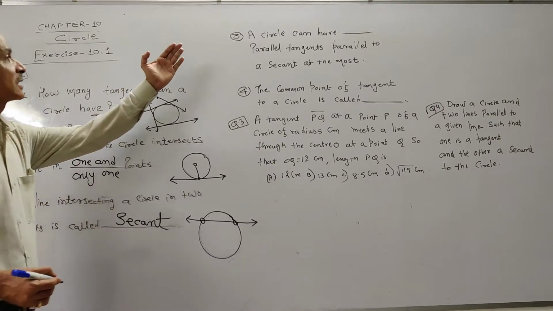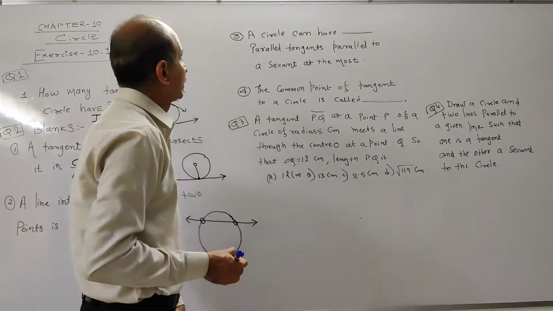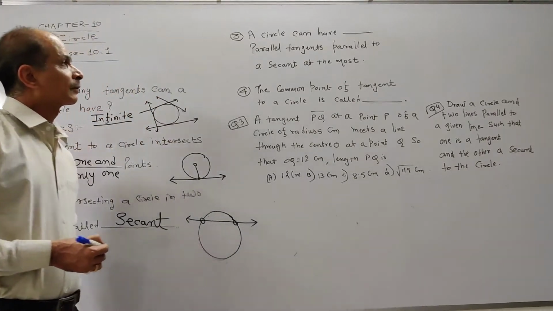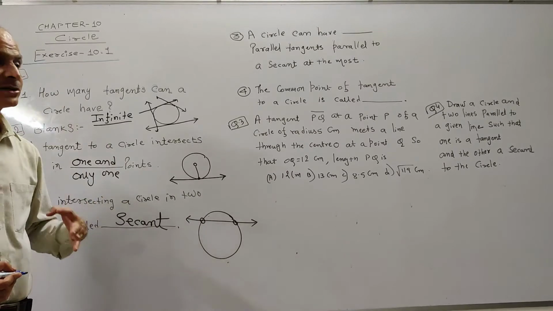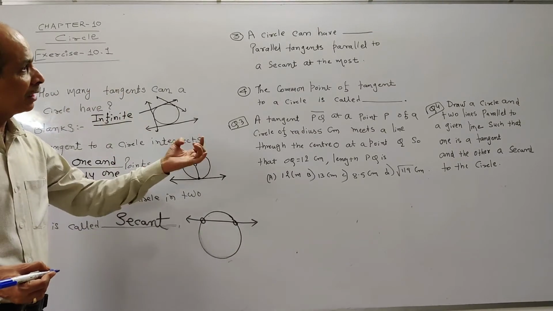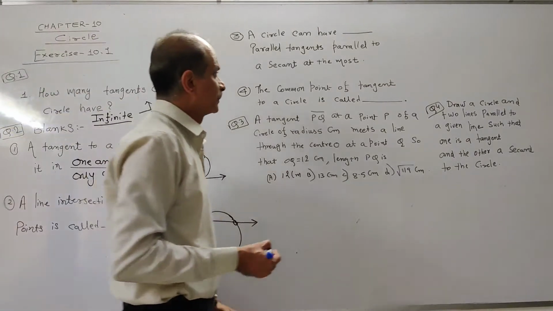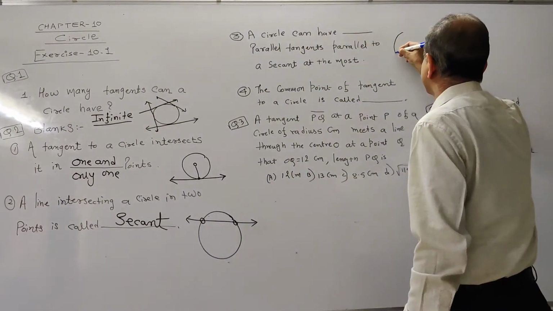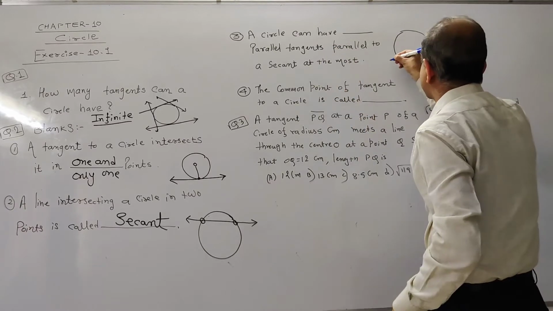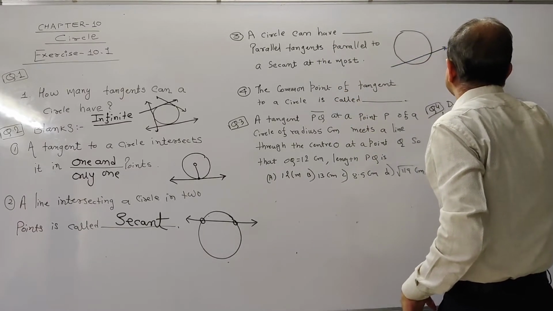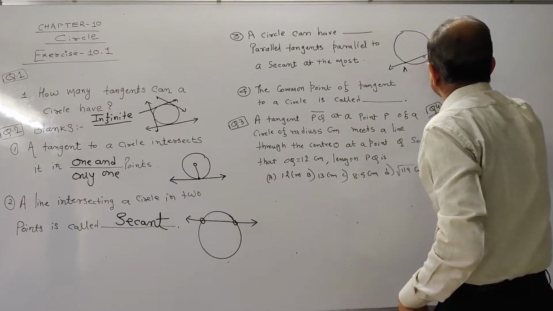Well, let me start blank number 3. A circle can have blank parallel tangents parallel to a secant at the most. So what is given to you? A secant is given, and we need tangents parallel to it. Let me draw one secant. Suppose the name of the secant is AB.